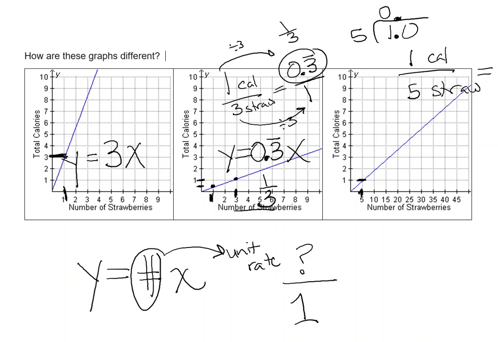Add a decimal and a 0. 5 goes into 10 2 times, so it's 0.2 for 1 strawberry. So this equation would be y equals 0.2x. Because again, you are looking for this number to be the amount per 1. The y value, calories per 1 strawberry.